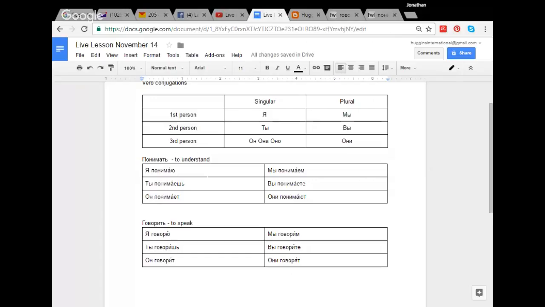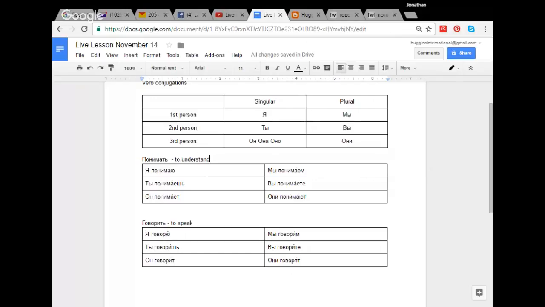Yes, it's important, but it's very difficult to explain. I had experience trying to explain this. The question was why sometimes we need a soft sign, мягкий знак, and sometimes we don't, and it's sometimes related to soft vowels and hard vowels.